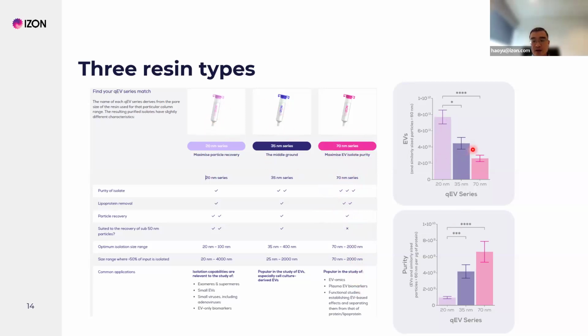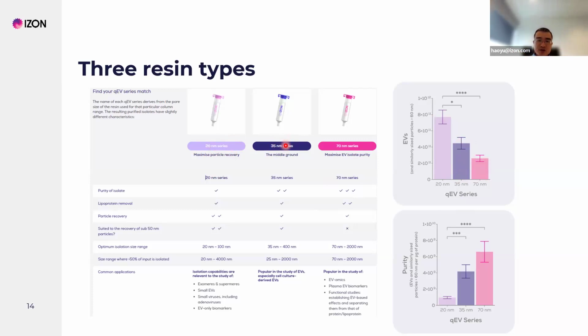And you can see here, the 20 nanometer resin has the highest yield, the 35 nanometer resin yield is in the middle, and the 70 nanometer resin is the lowest. That is because the different nanometer numbers mean the size of the holes of the resin.